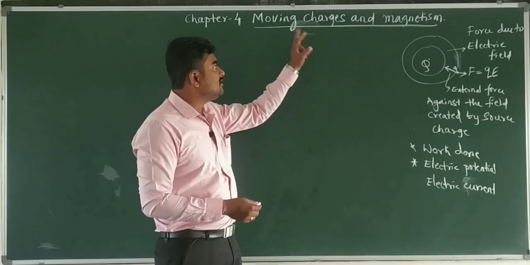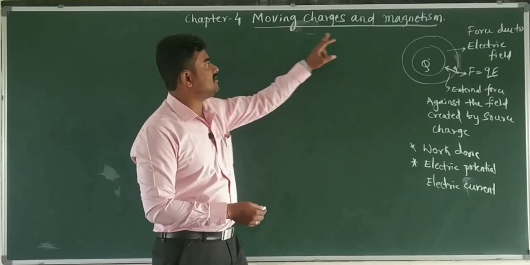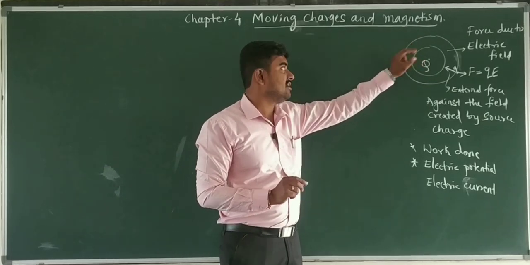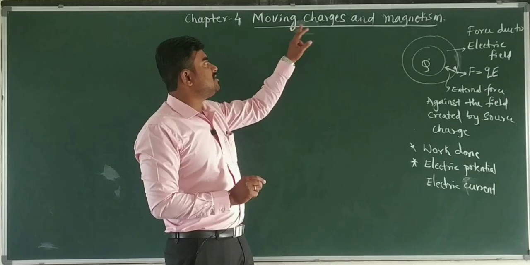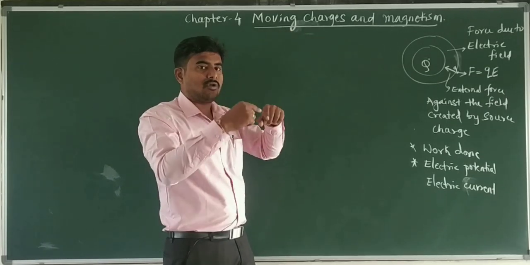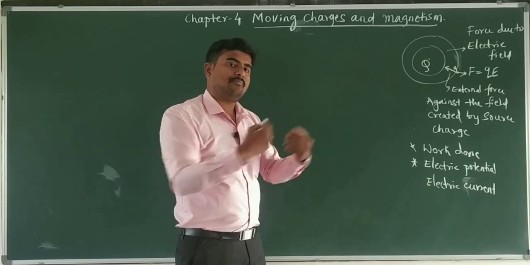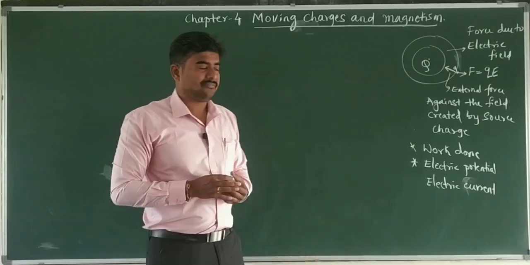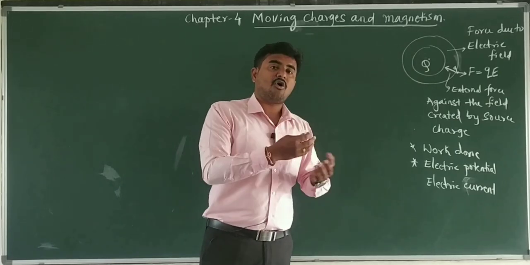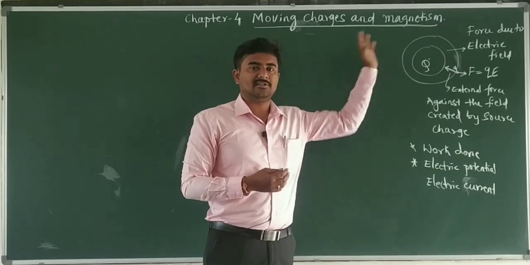Is there any relation between moving charge and magnetism? Yes, there is a relation. What is that relation? See here. When a charge makes a movement in a conductor, the whole current carrying conductor behaves like a magnet. And that magnet and magnetic properties, all these things we will discuss in this chapter.